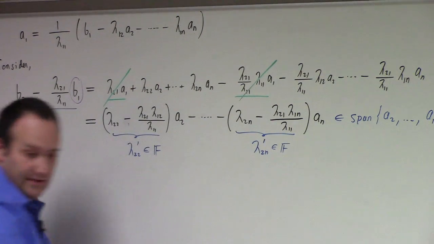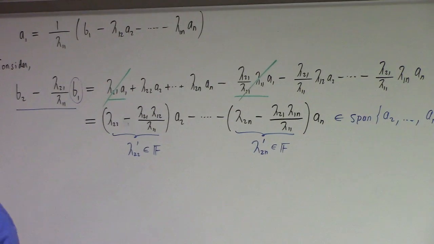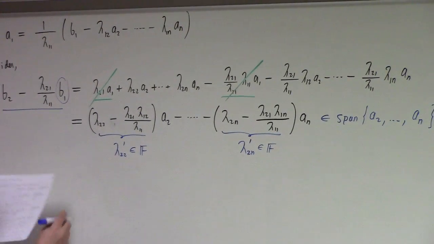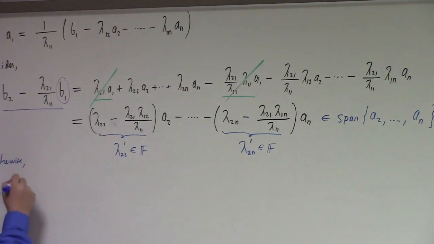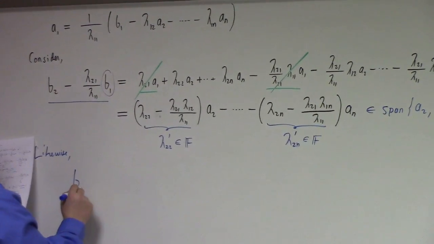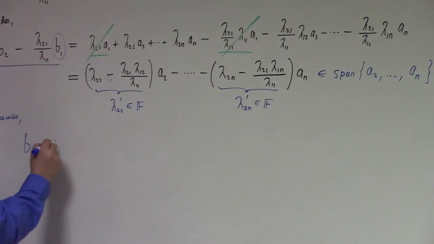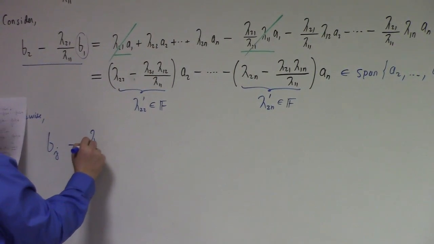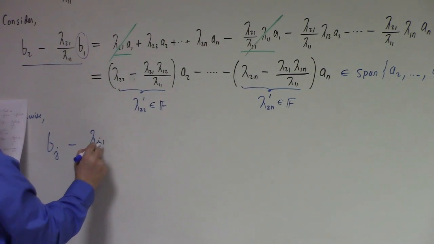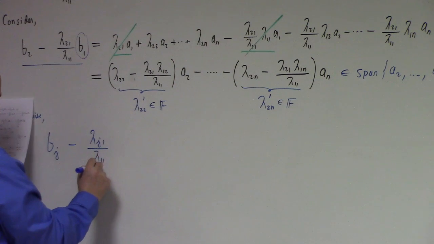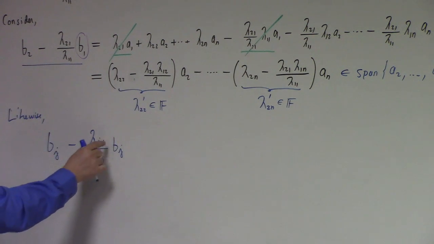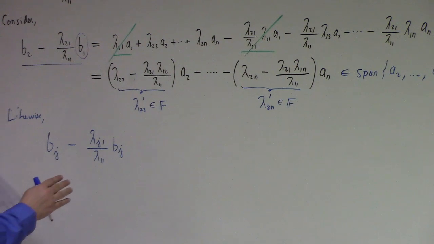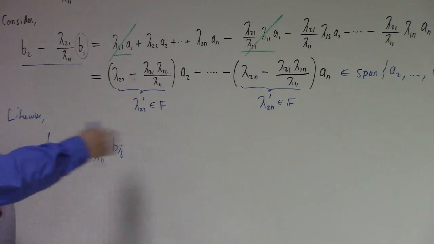So here I'll write it down. Generalizing this a bit, for the jth one, now Curtis actually has the third one written out. I'm just going to go ahead and write the jth one. Let's see here, bj. So bj minus lambda j1 divided by lambda 1,1, that will cause a canceling of the a1s as you look at the linear combination.